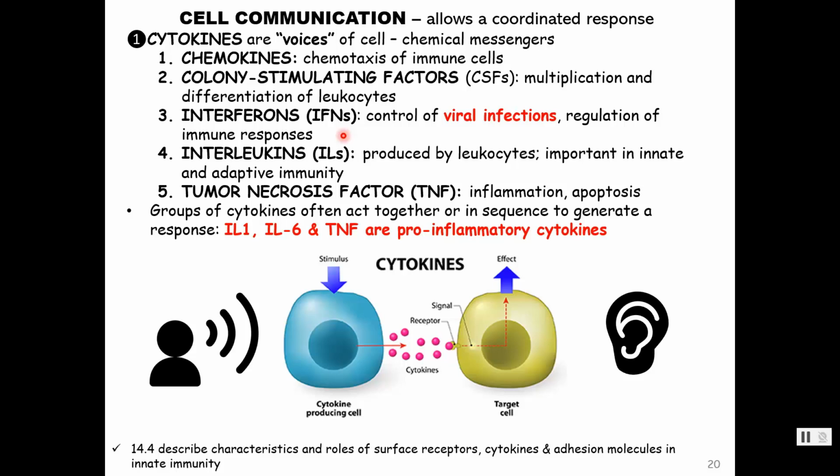And so it's involved in viral infections, and then others are also involved in regulating immune responses. Interleukins, and it's kind of telling you in between white blood cells. So these are produced by leukocytes, and they play an important role both in the innate and the adaptive immune system.